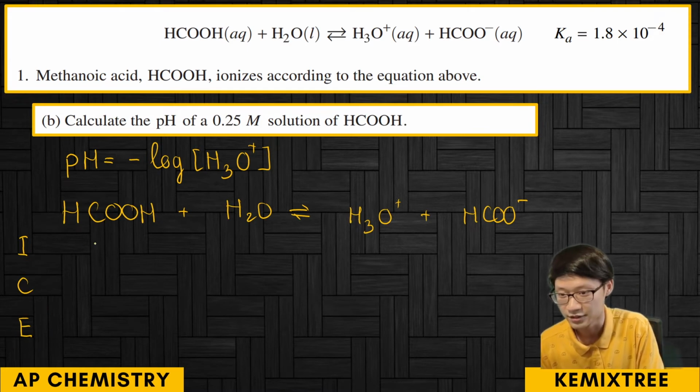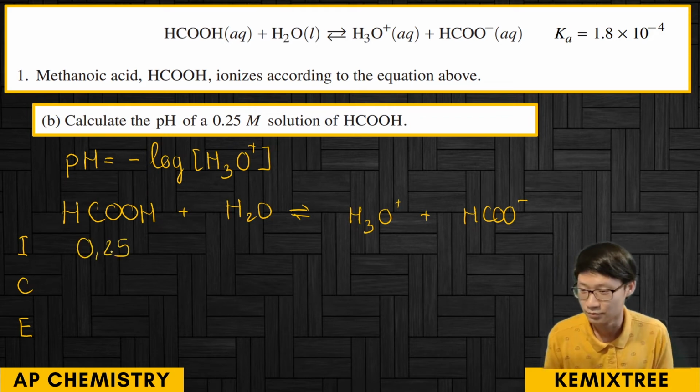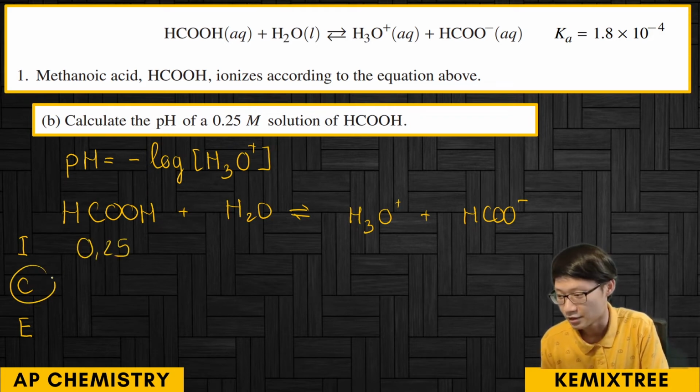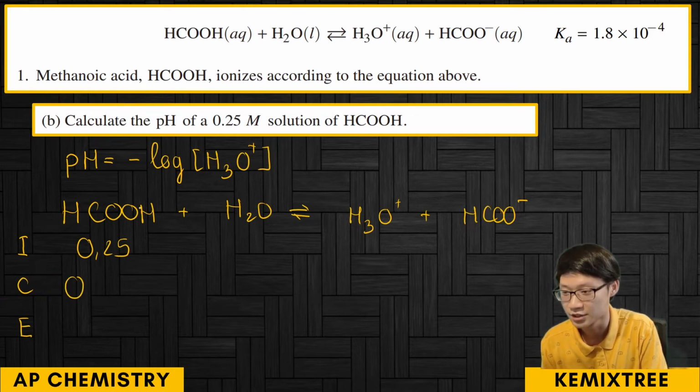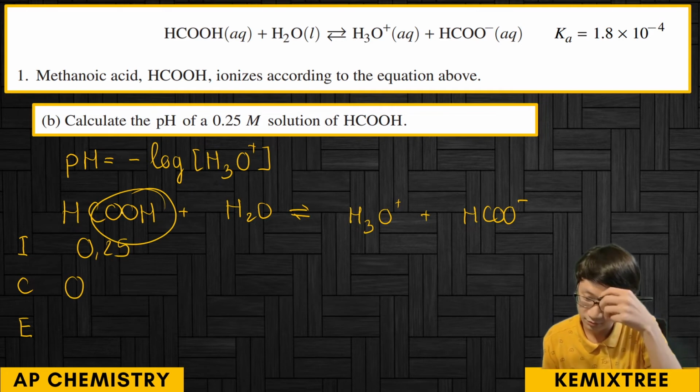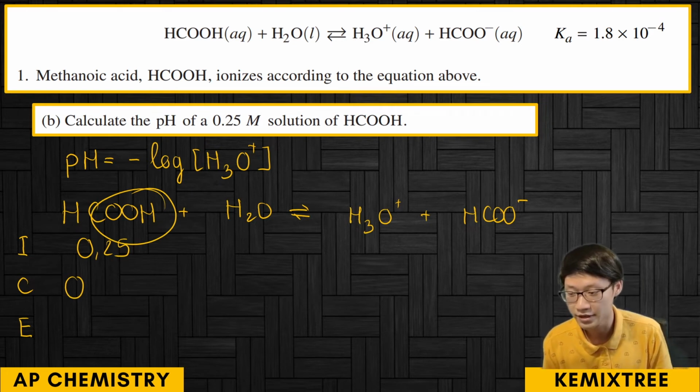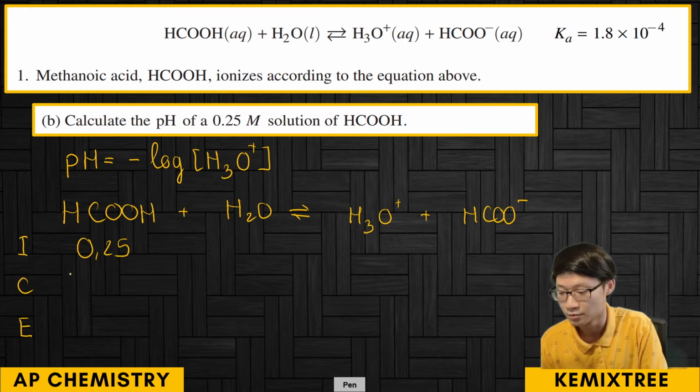The concentration of formic acid at the beginning is 0.25. During the reaction, we don't know how much formic acid will go into the reaction, so we put X here.